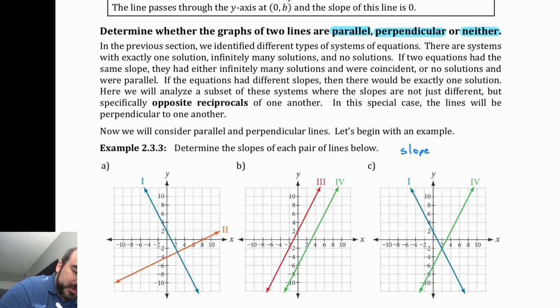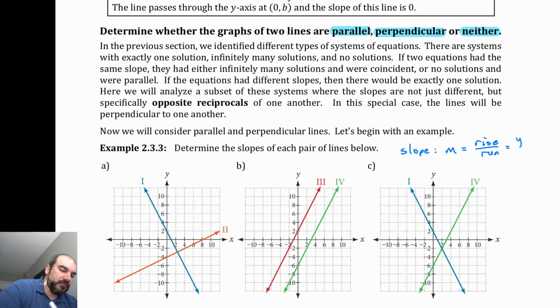Slope, which is m, equals what? How do we find the slope of a line? There's a few different phrases. Rise over run? Yeah, there's a few different things that we know about slope. Rise over run is one of them. How else can we actually compute that if we have points on the line?